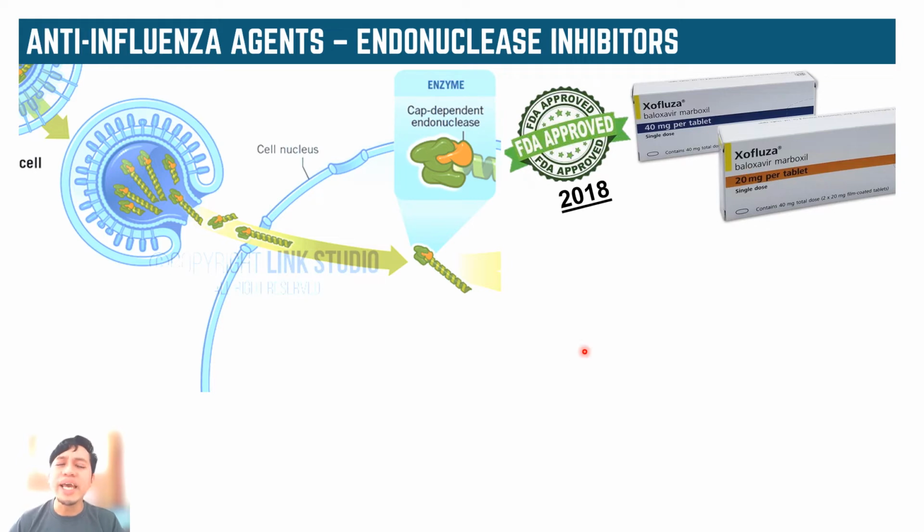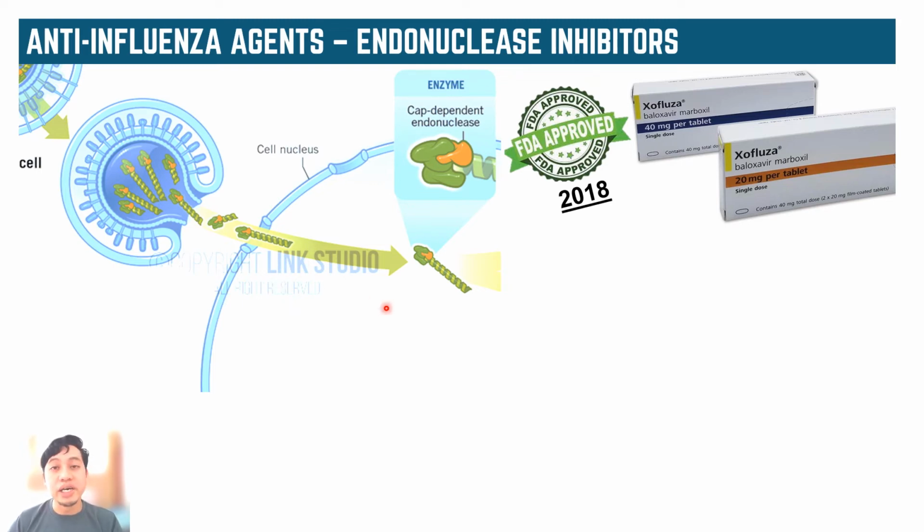Baloxavir is the only agent in this class, which works by selectively inhibiting this cap-dependent endonuclease, a key enzyme involved in the initiation of influenza virus mRNA synthesis. By blocking this enzyme, baloxavir prevents viral gene transcription and ultimately influenza virus replication.